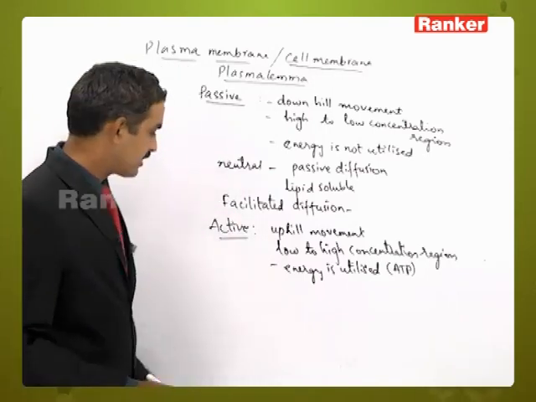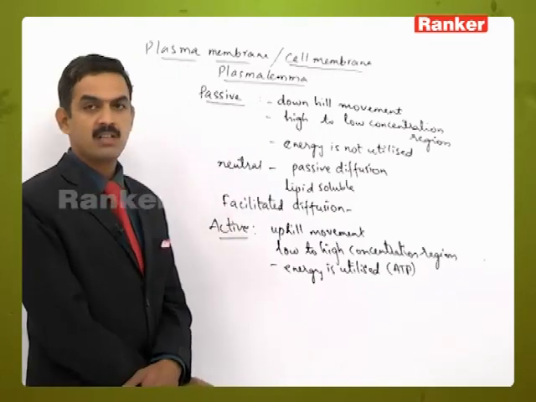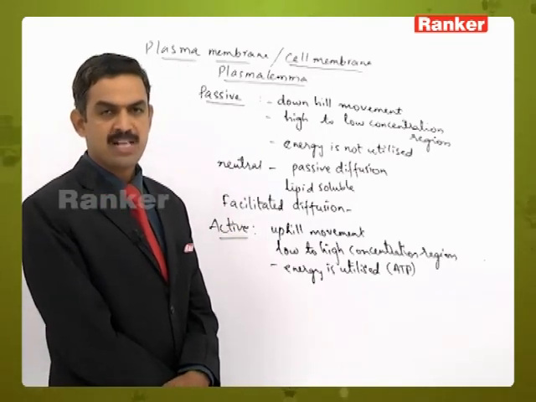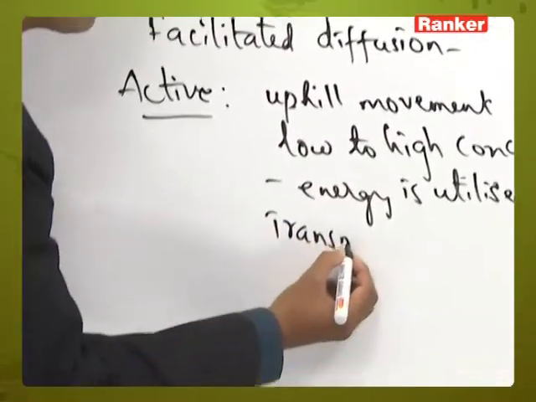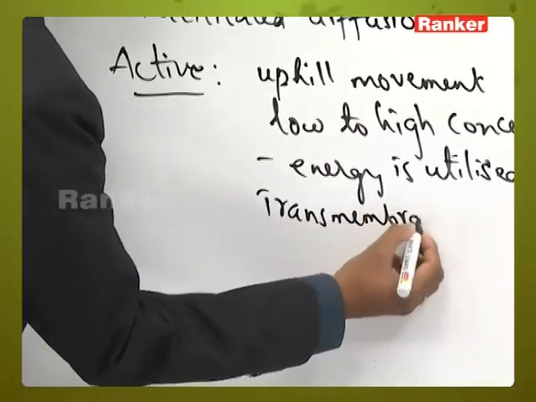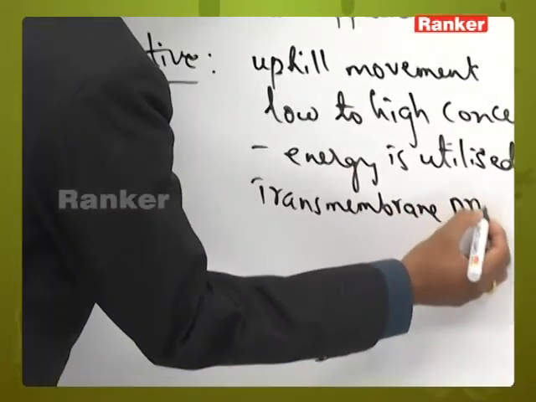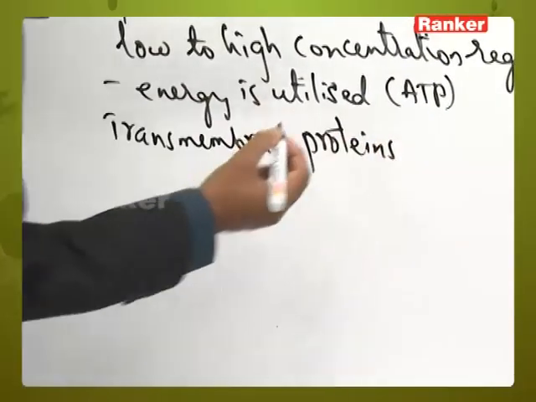For this process they require some proteins which are present in the plasma membrane. Those are called transmembrane proteins. These transmembrane proteins have some specific sites on them.